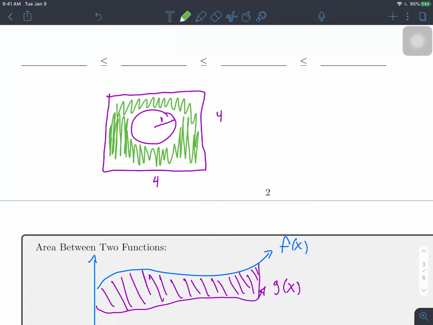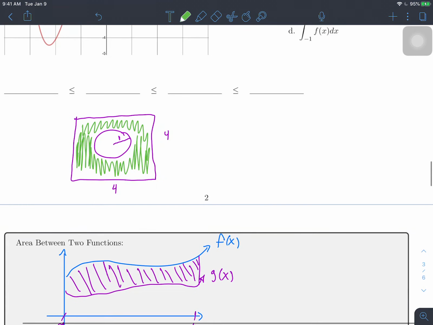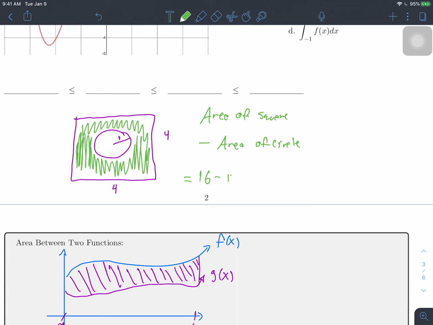The area of the square and the area of the circle and subtract this circle from the square. Absolutely. Very good. So Mia says take the area of the square and subtract the area of the circle. So in our case, that would give us 16 minus pi times 1 squared, which is just pi. So 16 minus pi, that's how we would get that.